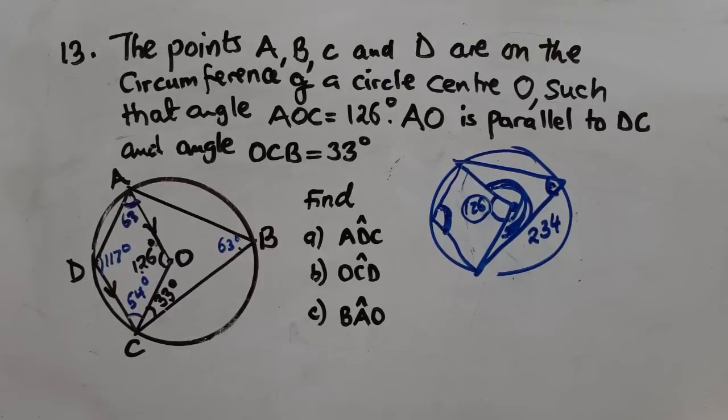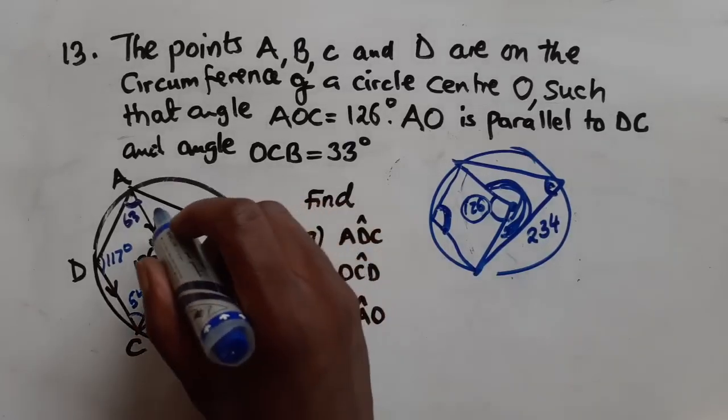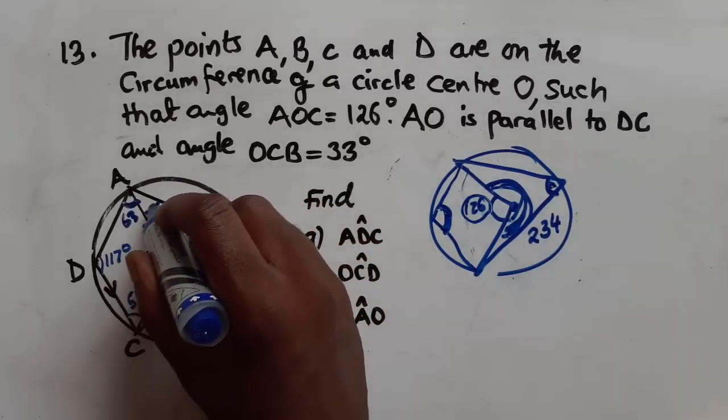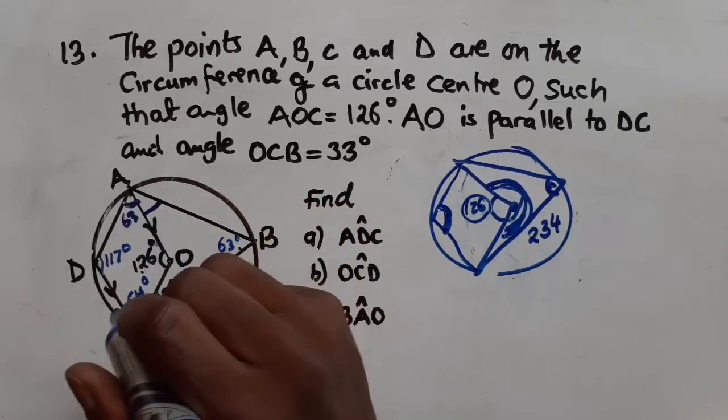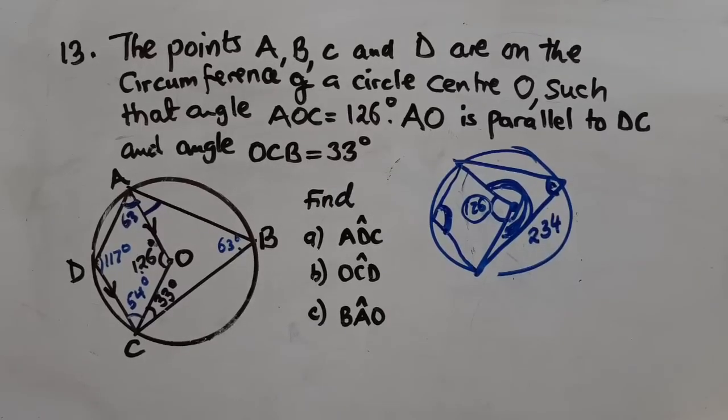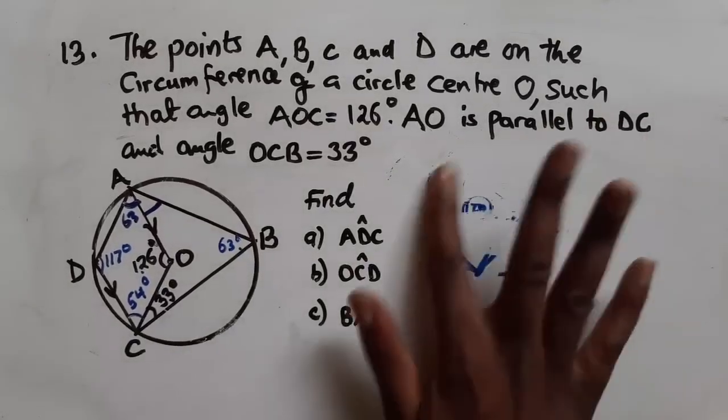I hope that is okay. So which other angle is remaining here? We have only one angle here that is remaining. This angle here. How do we find this angle?